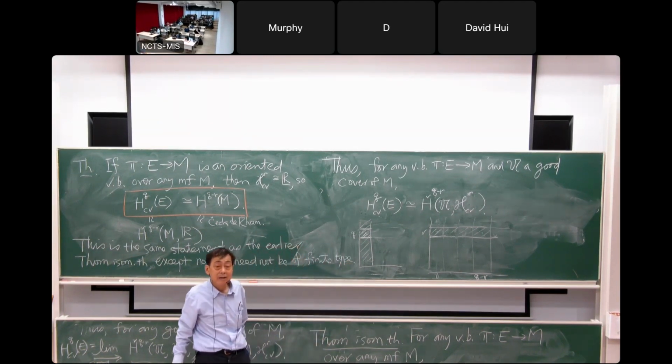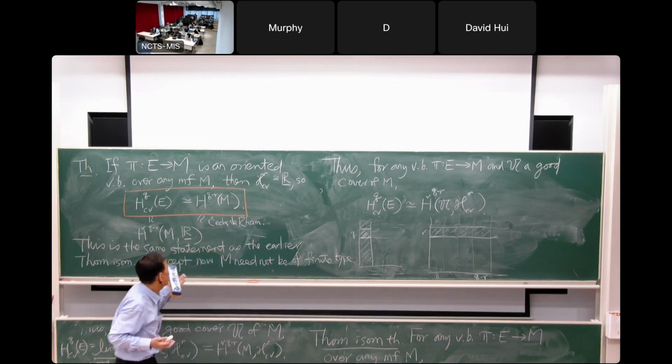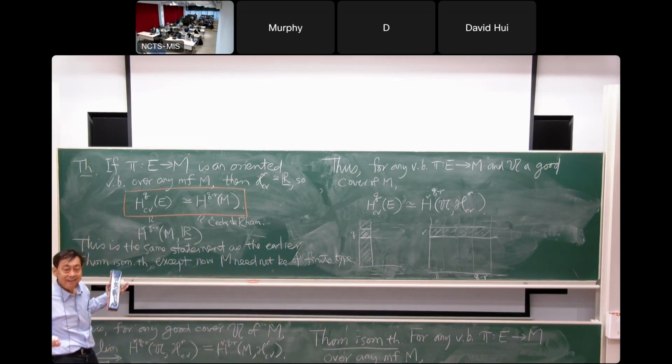Okay? So we have managed to remove that finite type assumption from the Thom isomorphism theorem, using double complexes.